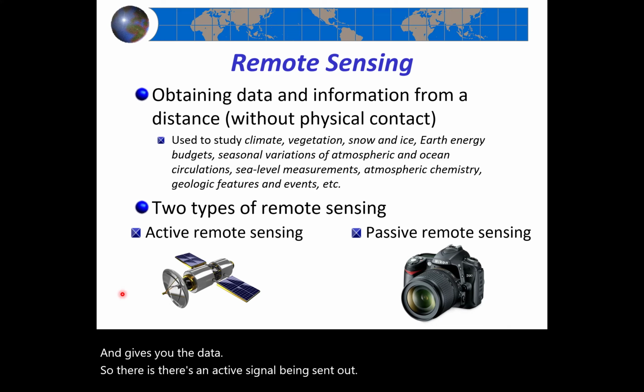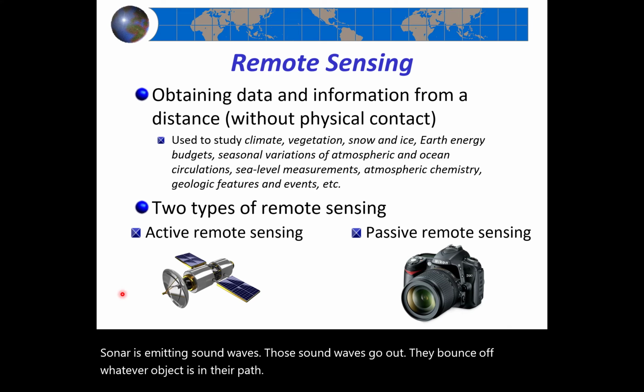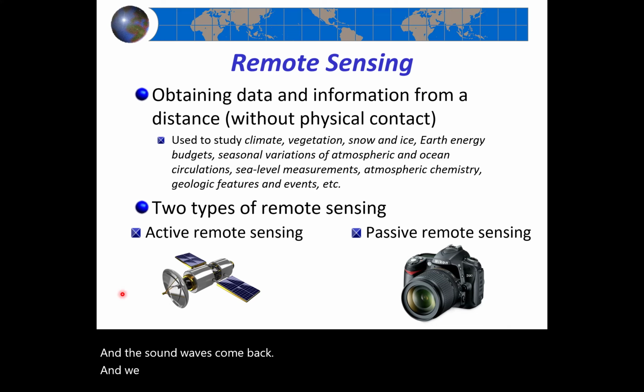Sonar is an example. Sonar is emitting sound waves. Those sound waves go out, they bounce off whatever object is in their path, and the sound waves come back, and we can measure the distance of that object from our sonar. This is how wartime ships were looking for U-boats, right?